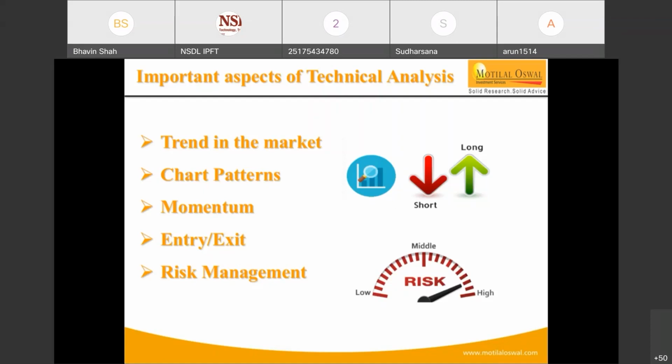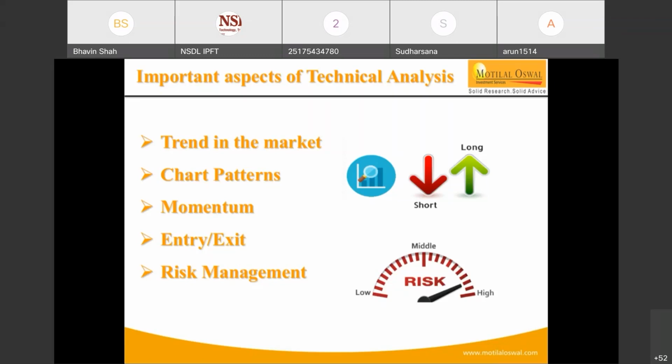After we identify everything, the important part is the entry. How do we enter a trade or how do we enter an investment? And then the next part is how to ride the entire trade or the investment and exit it with a good amount of profit. And along with that, the most important apart from the trend is risk management.